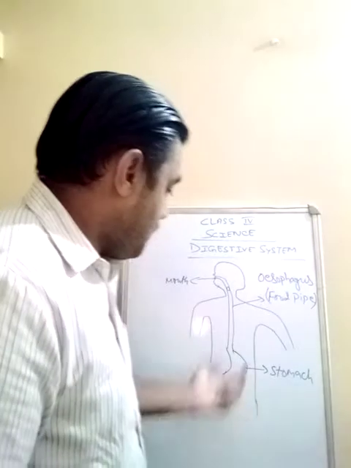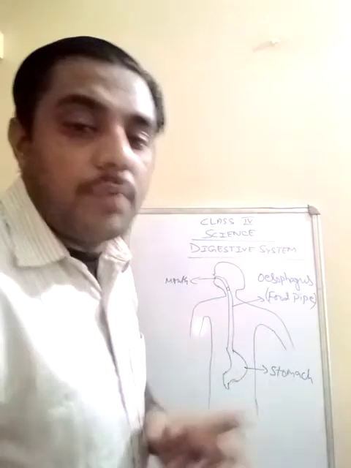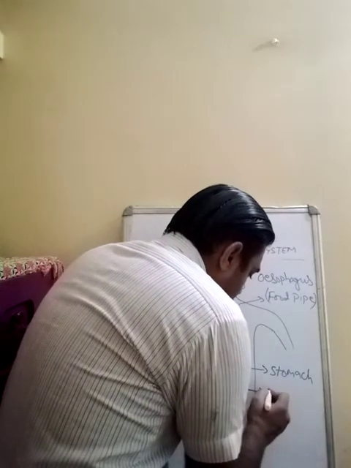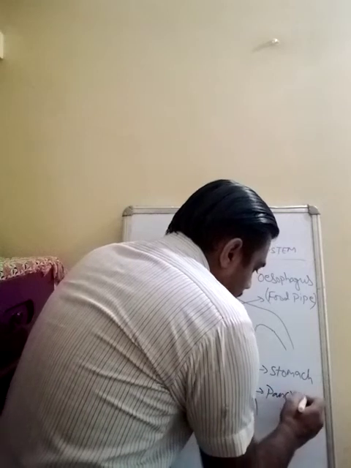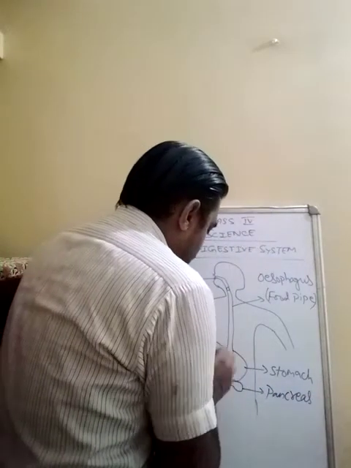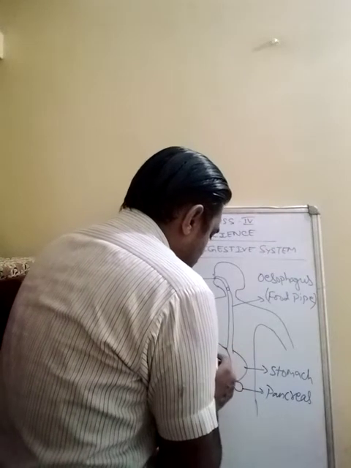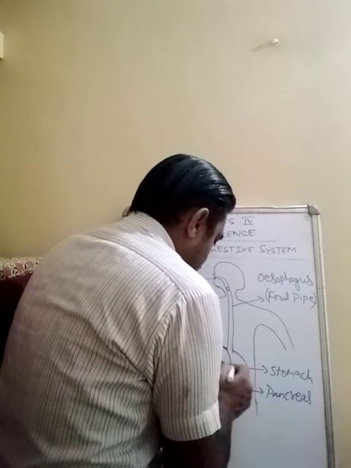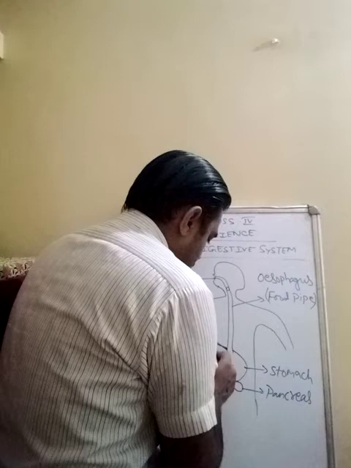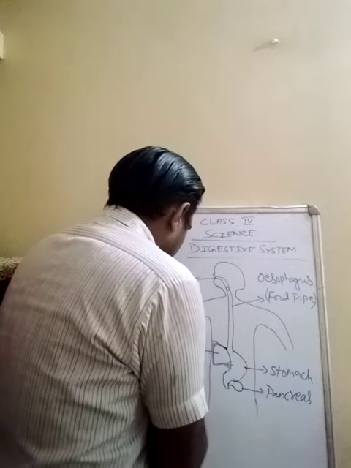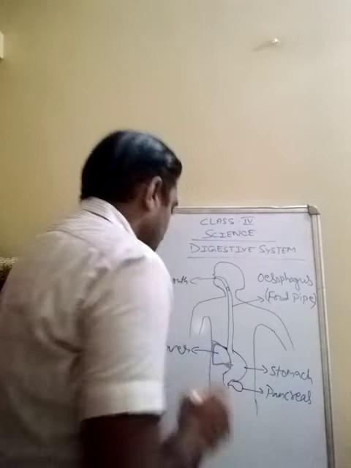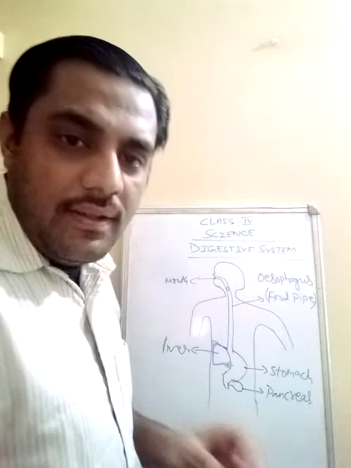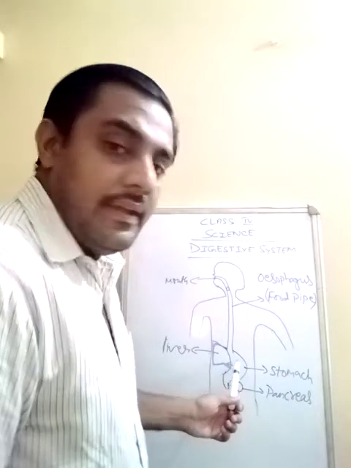Now, in order to help the stomach with achieving proper digestion, there are two more organs. One is here, known as the pancreas, and another one is here, known as the liver. See, the stomach already has its own hydrochloric acid, which helps in the digestion of food.